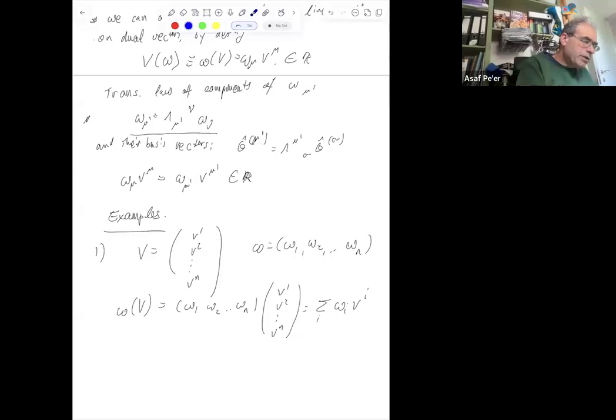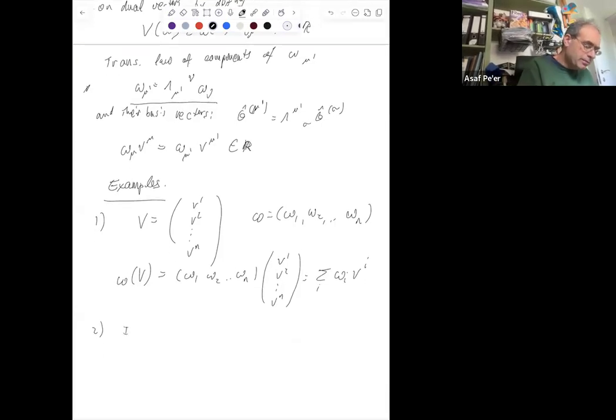The second example, which we already discussed, is quantum mechanics, vectors in Hilbert space.